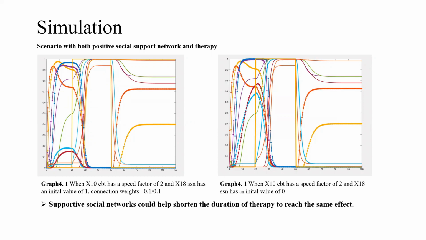They get lowered quite earlier and quite quickly. And even though the final effect is the same, we can see that they reach the zero level quite earlier than this one. And it might explain that when you have a very positive social network, it's very likely that you can shorten the duration of your therapy, but still reach the same effect afterwards.